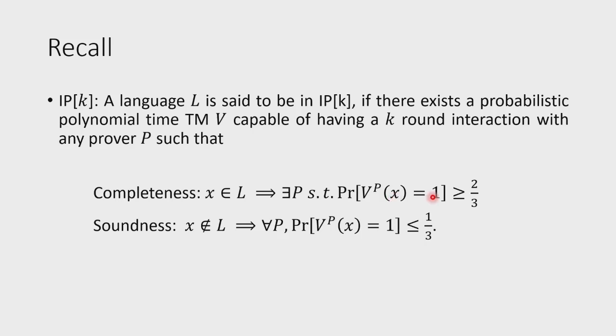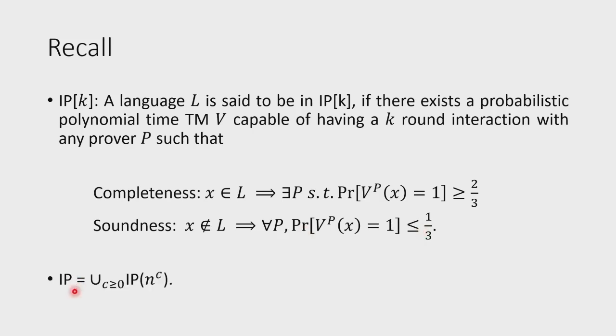This notation means the output of V after it has interacted with prover P on input X. Similarly, soundness is that if X is not in L, then for all provers P, the probability that V, after interacting with P on input X, outputs 1, that is, it accepts X, is at most 1/3.